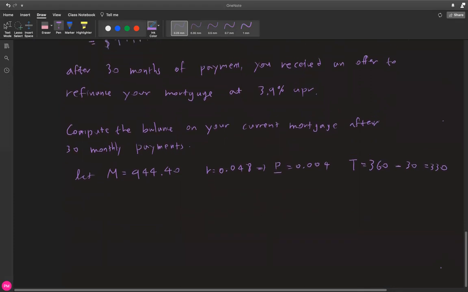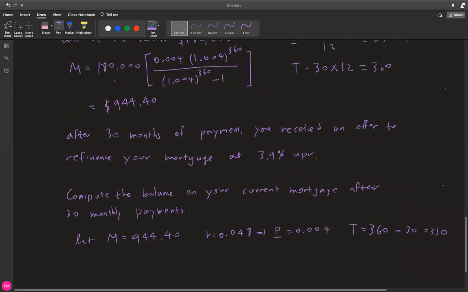So here, what we're trying to do is find the capital P, to find the balance, or in other words, the money that you still owe. How you do this is you're using the same formula, but knowing the monthly payment, the rate, and the number of payments, we're simply solving for the principal.